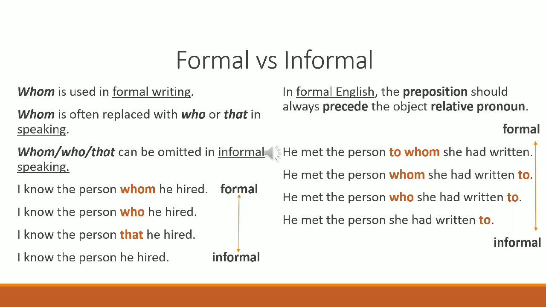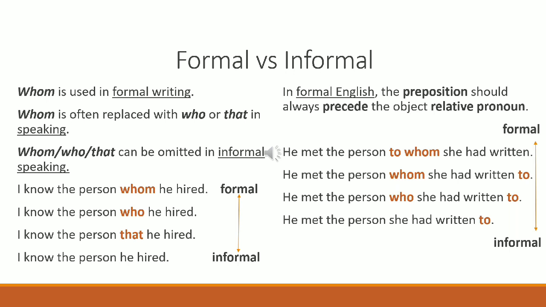In formal English, the preposition should always precede the object relative nouns. He met the person to whom she had written. He met the person whom she had written to. He met the person who she had written to. He met the person she had written to.